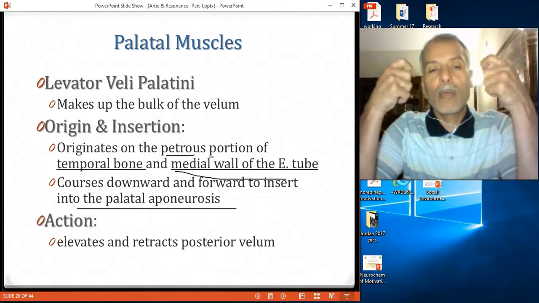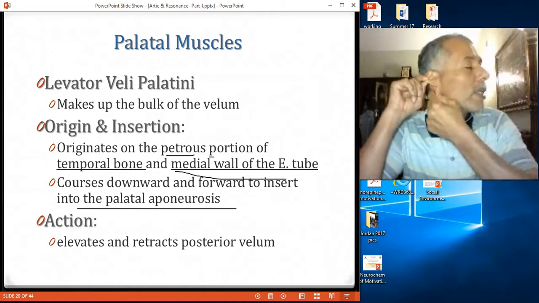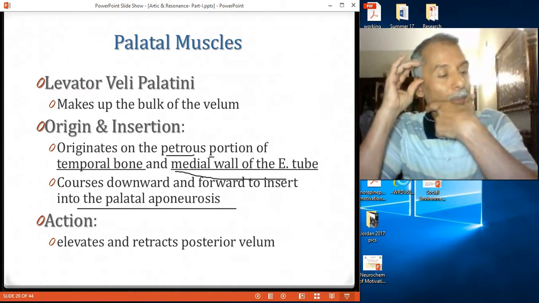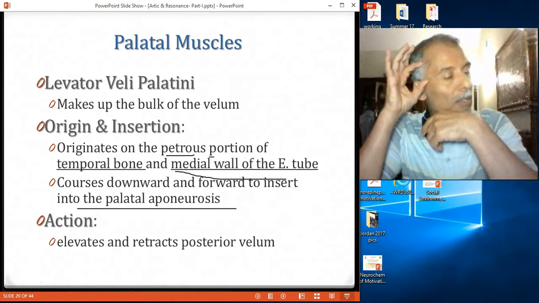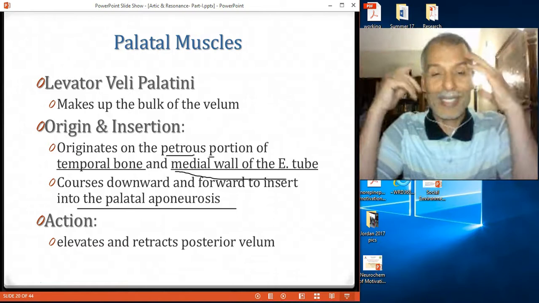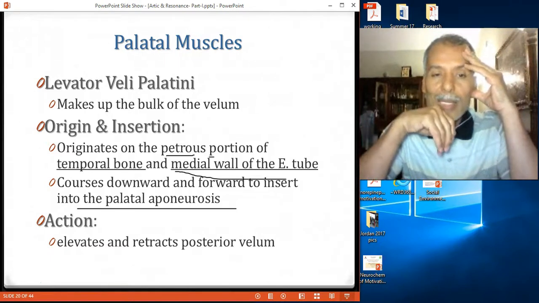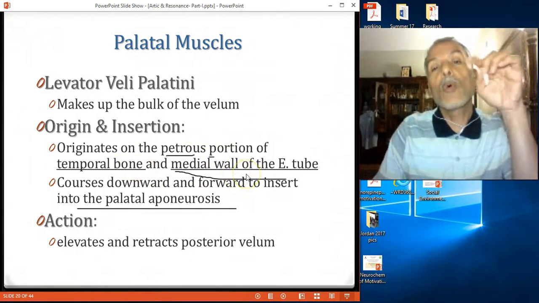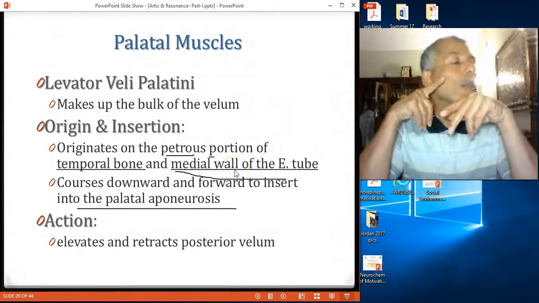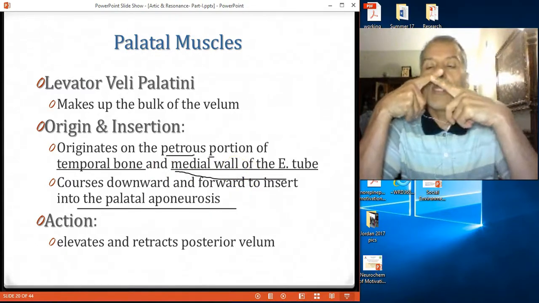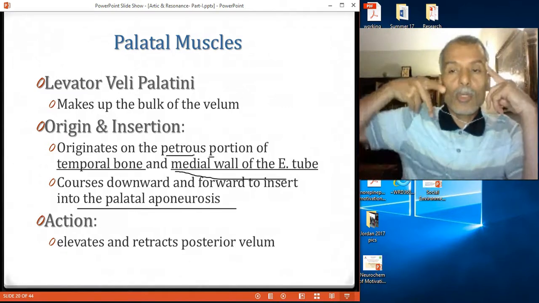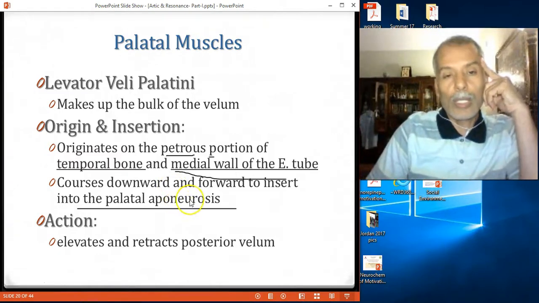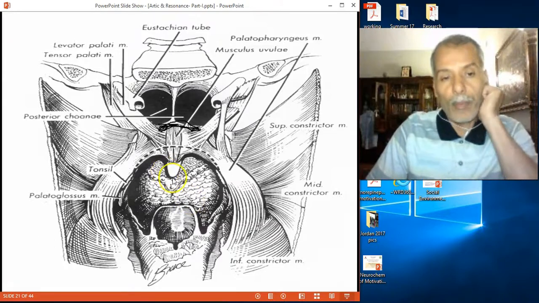So from the hard rocky area of the temporal bone that is behind your ear, and also goes above the side of your face here, the temporal bone that covers the temporal cortex. And then it originates on the petrous portion of the temporal bone and the medial wall of the eustachian tube, so two origins. And it goes down and forward to insert onto the palatal aponeurosis. I'll show you in just a minute.